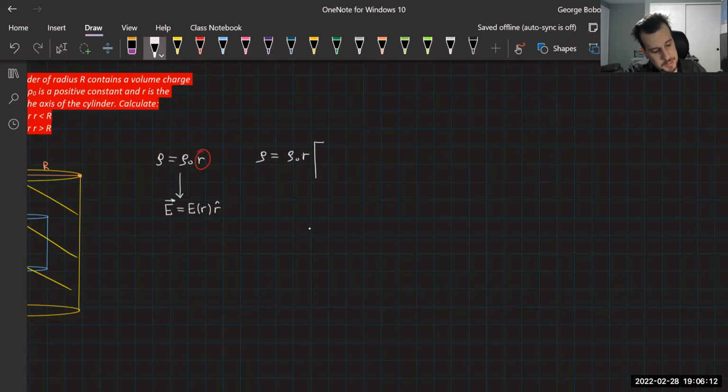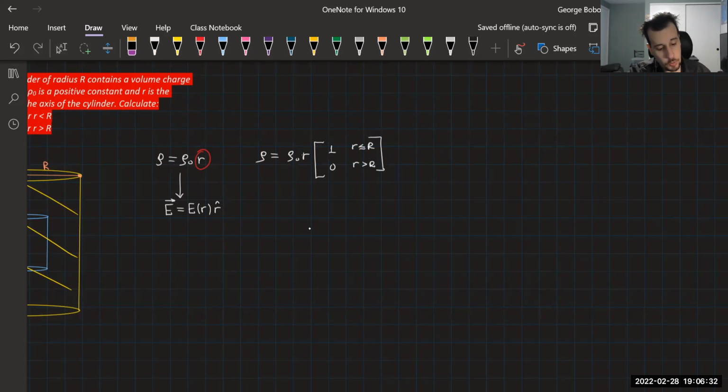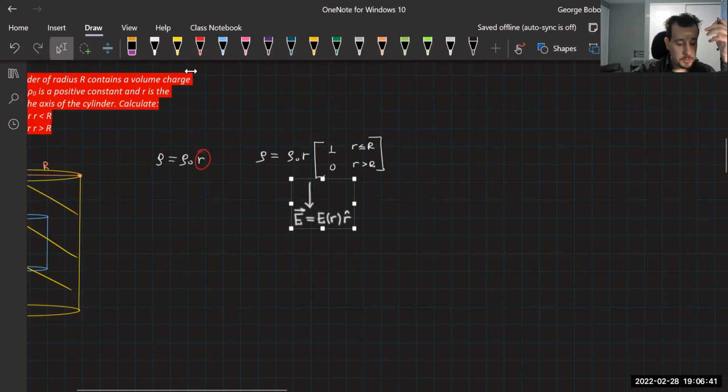So it has this dependency when you're on the inside, but it has nothing when you are on the outside here. So I expect, again, from this, I expect 2 electric field regions. And you can see how they're going to split up. Each one of them here is going to give you 1 electric field that's unique. All right, and we talked about why we expect the electric field to be, again, a function of R and directed in the R.